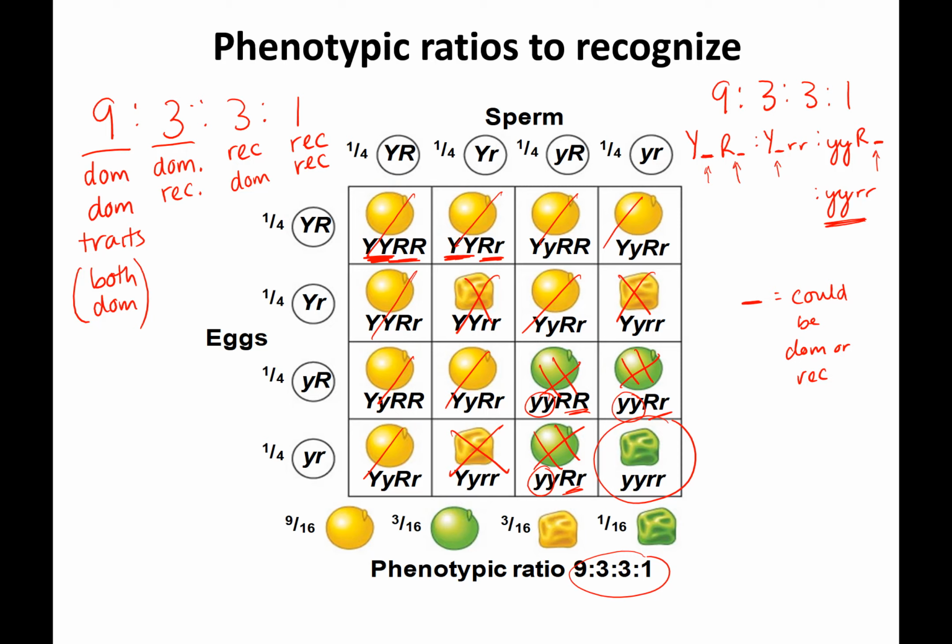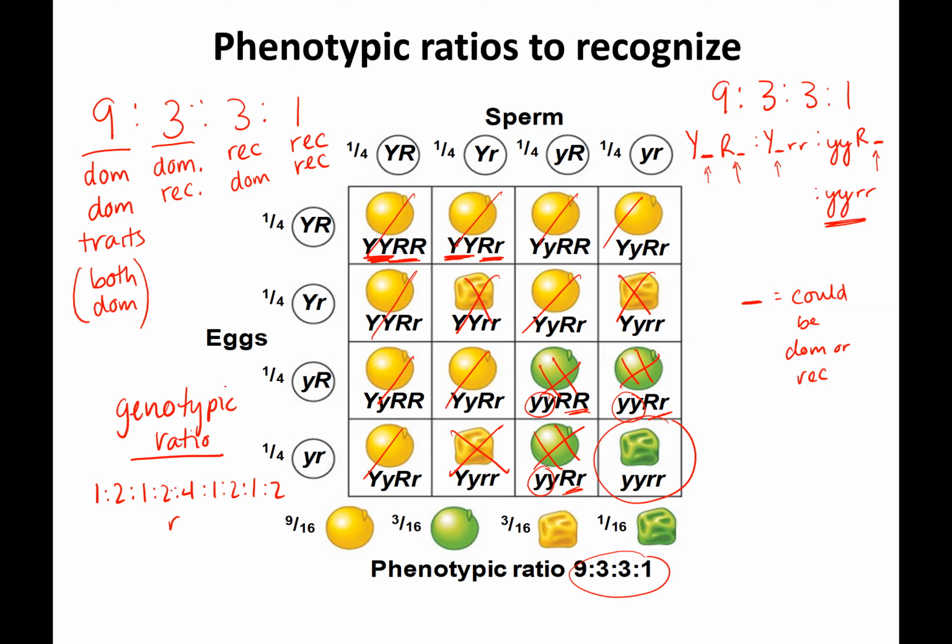If you wanted to do the genotypic ratio, which you do not need to memorize, and I say memorize the 9:3:3:1 because it will help you go faster on some problems, but if you don't remember it, you can always work it out in a Punnett square. So all the unique genotypes have a 1 to 2 to 1 to 2 to 4 to 1 to 2 to 1 to 2 ratio.